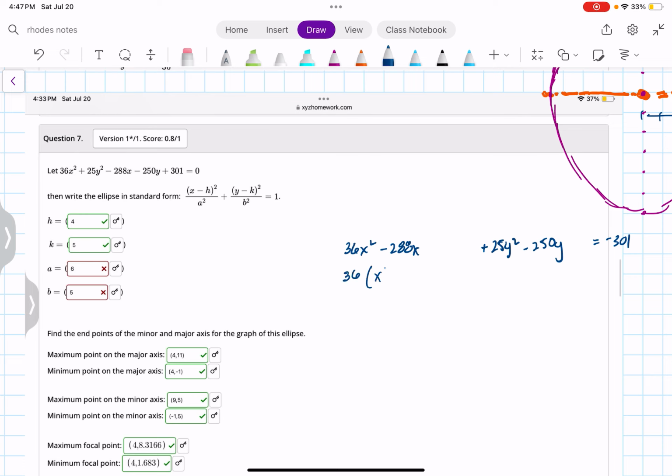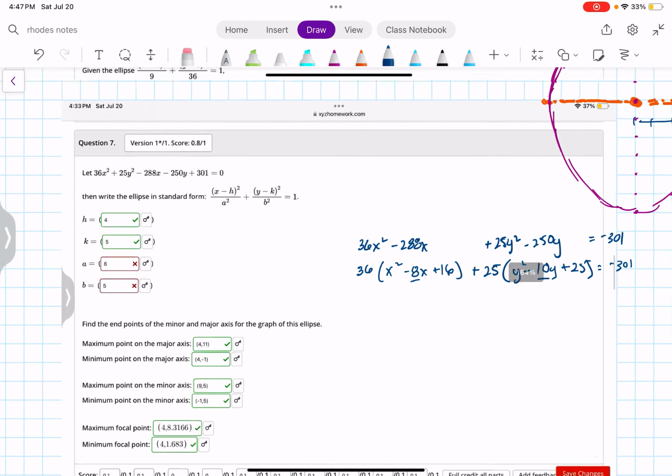That's going to leave me x squared minus 8x. Then take 25 out. It's going to leave me with y squared minus 10y, equals negative 301. So now half of this, so this will be a plus of 16 there. Take half of that and square it. Take half of this and square it.